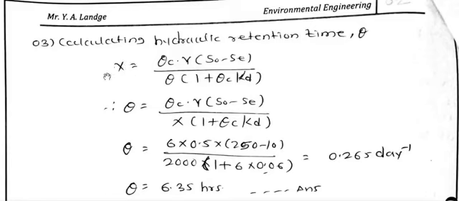So we just put in the values and we can easily calculate the value of X. In our derivation, if you see equation number 9, from equation number 9 we write this formula and try to calculate the value of theta.